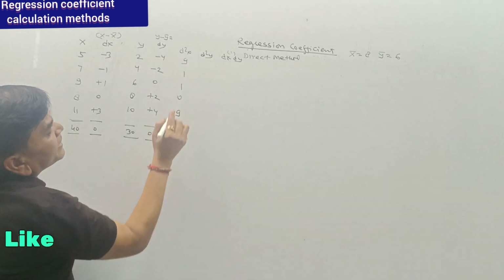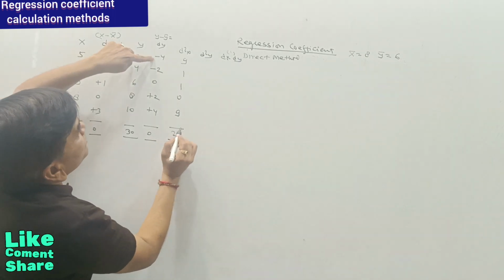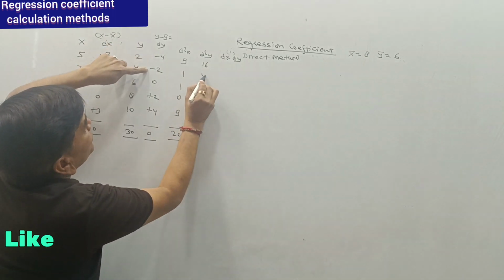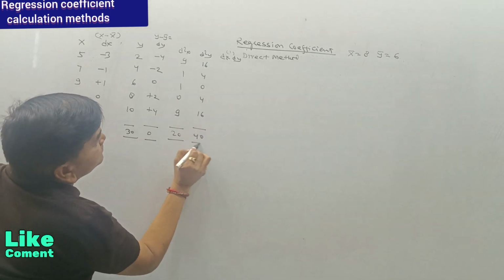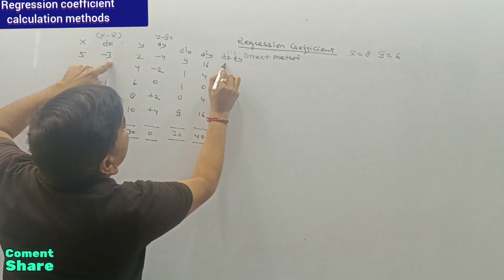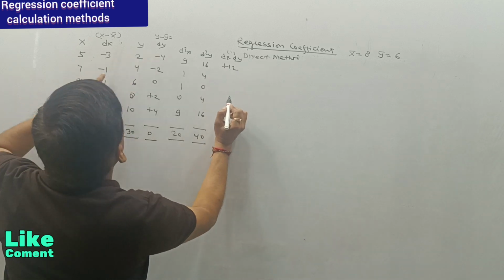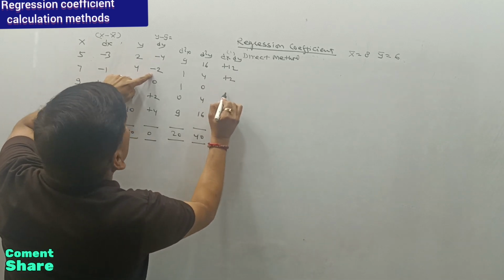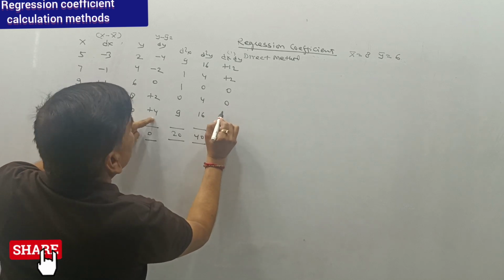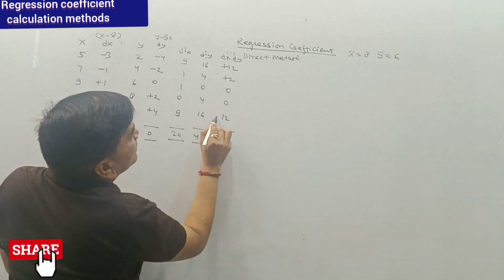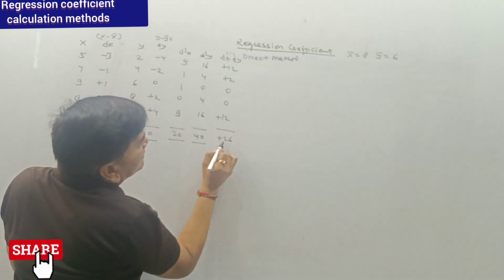So 9 and 10, and 10 makes 20. Then dy square: 16, 4, 0, 4, 16, that is 40. Now dx dy: 3 fours are 12, 1 two is plus 2, 0, then 2, and 3 fours are 12. So 12 and 12 is 24, plus 2, that is 26.